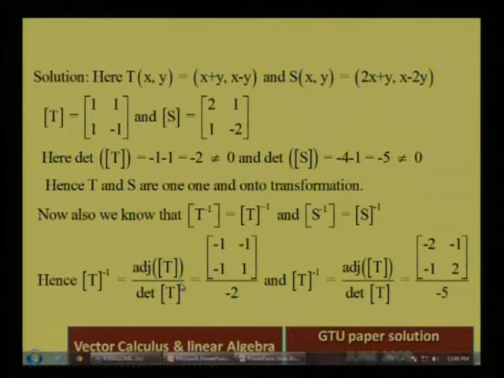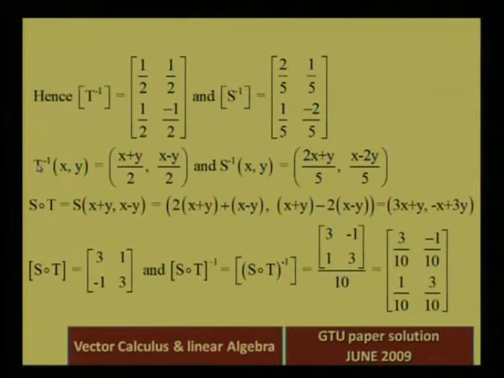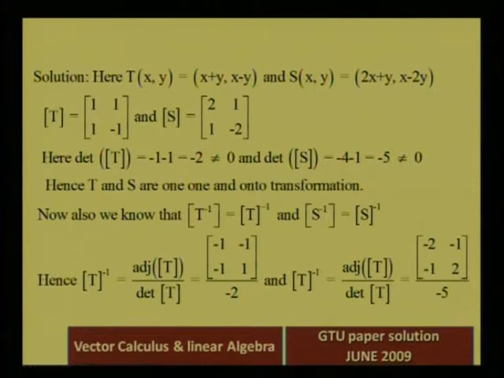Now what is the adjoint of T? In a 2 cross 2 matrix, to find the adjoint we just have to interchange the main diagonal entries, that is minus 1 and 1, and then change the sign of the other diagonal entries, that is minus 1 and 1.